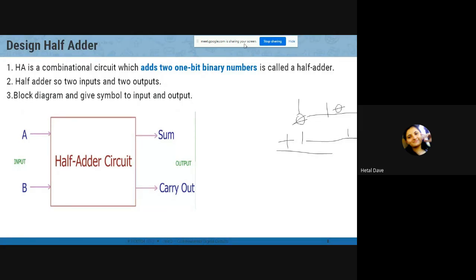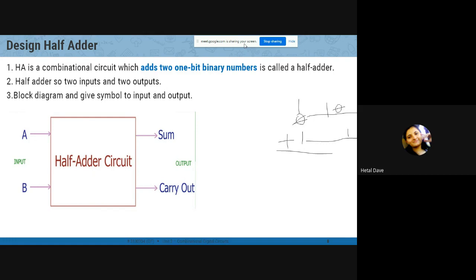So the same thing will be applied. First of all, you will define the problem. So I have defined it: half adder is a kind of circuit that can add some bits. Based on this definition, I will decide the number of inputs and outputs. So this kind of adder will accept 2 inputs and can generate 2 outputs.